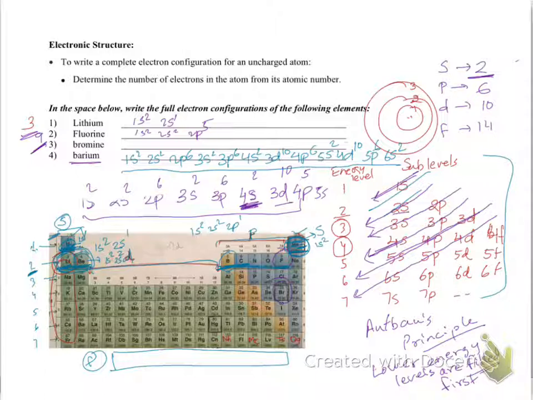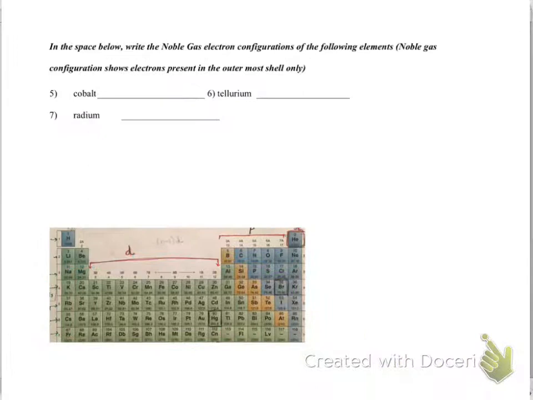Now, we said that elements have similar chemical properties based on the electrons present in the outermost shell. So if the chemical properties can be explained by looking at the electrons in the outermost shell, which are known as the valence electrons, then why do we have to write down the big, huge electronic configurations?